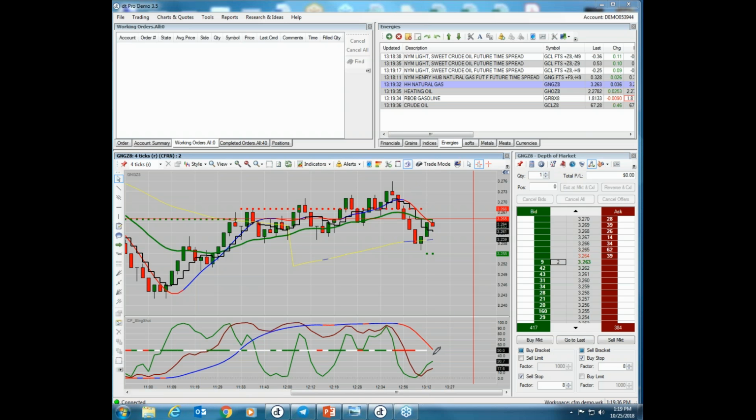We don't have any divergence. That means that green line is not over the red line yet, right? So it's lacking some divergence, but it has a lot of the things setting up that potentially give us a short. So we're going to come back to this one. Potential short in the natural gas.